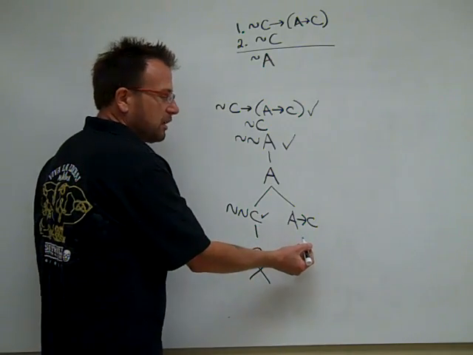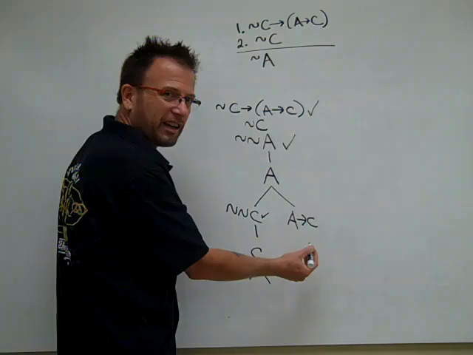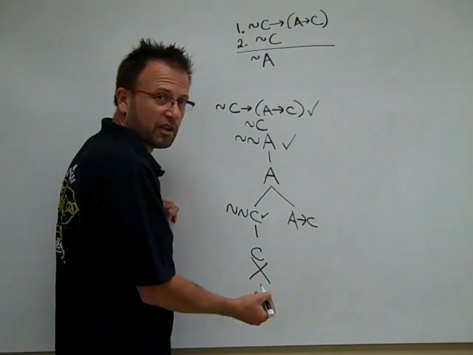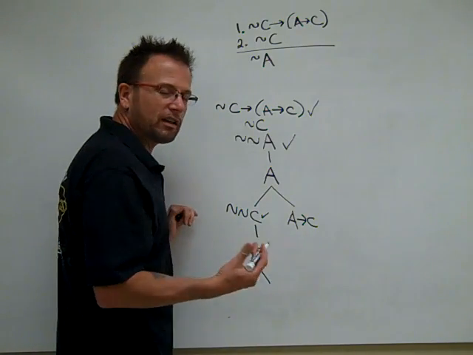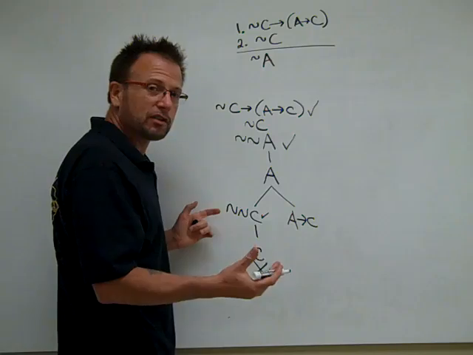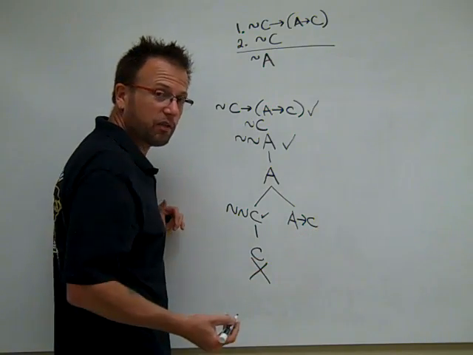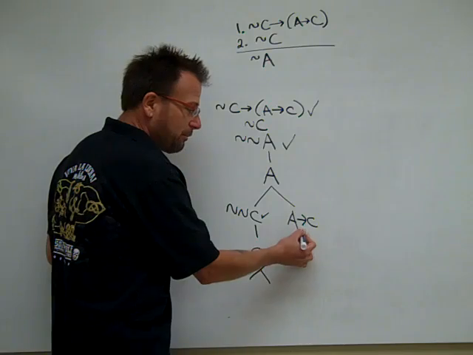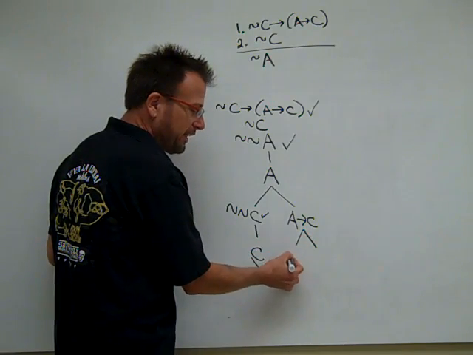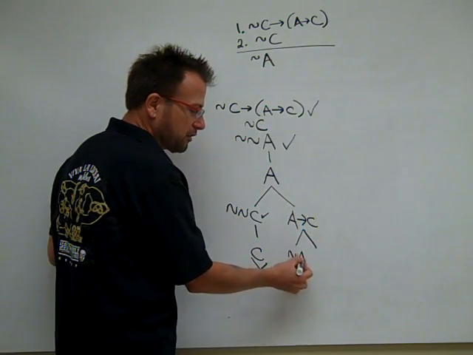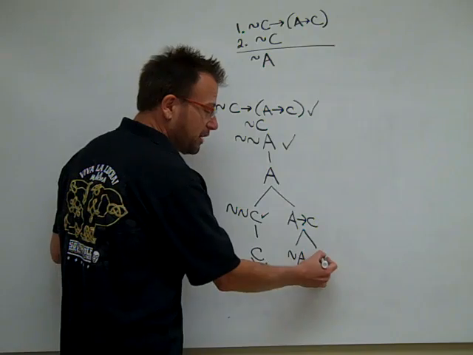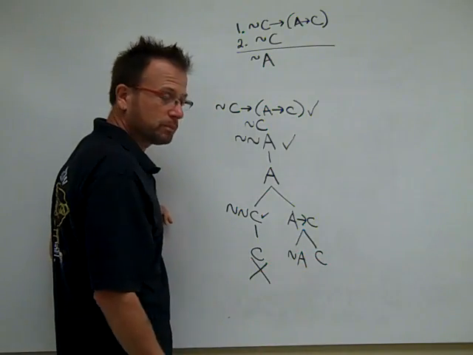Now over here, I need to ask myself, under what conditions will this conditional statement be true? Well, a conditional statement is only false when the antecedent is true and the consequent is false. So this statement will be true either when the antecedent is false or when the consequent is true.